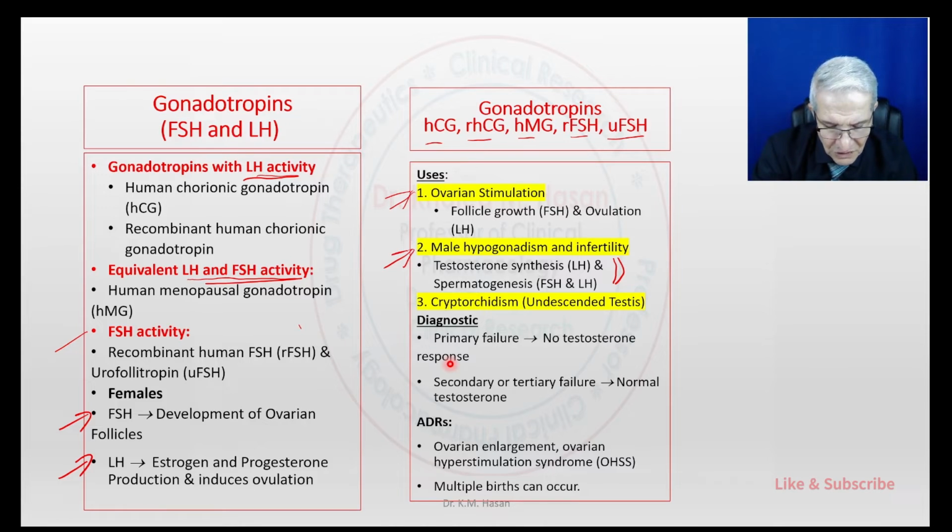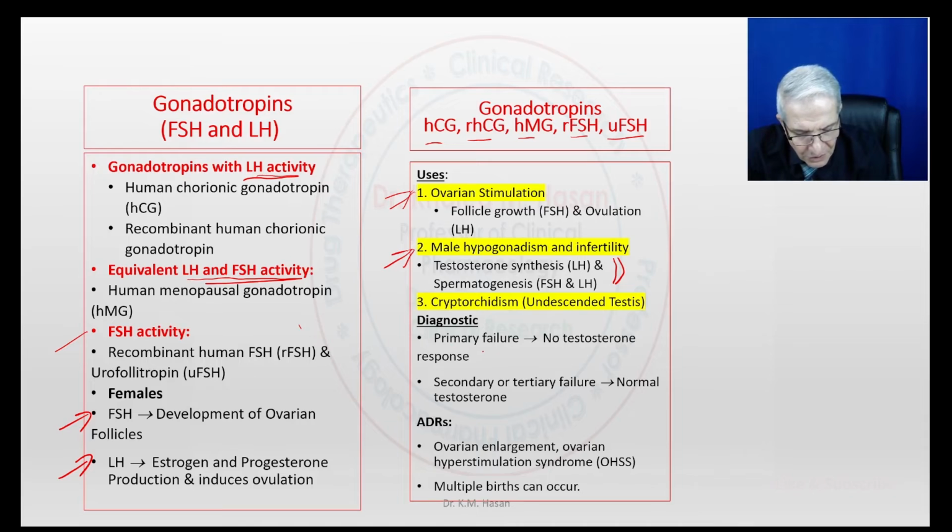Then we have some cases for diagnosis. We can use it if the patient has cryptorchidism, undescended testis. We can use it to distinguish primary or secondary failure. For primary failure, there is no testosterone response, like testosterone insufficiency or gonadal insufficiency.